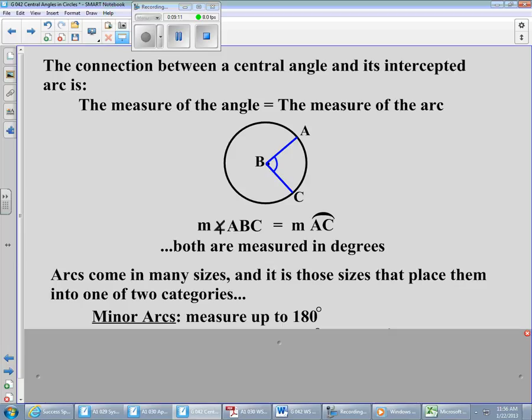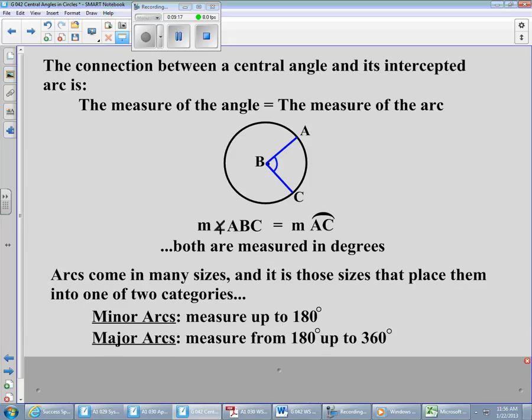Then, as you could probably guess, there are major arcs, which measure from 180 degrees up to 360 degrees, which in plain English would be to say they are bigger than a semicircle, but they do not form an entire circle all by themselves.